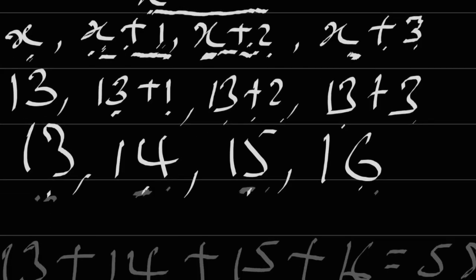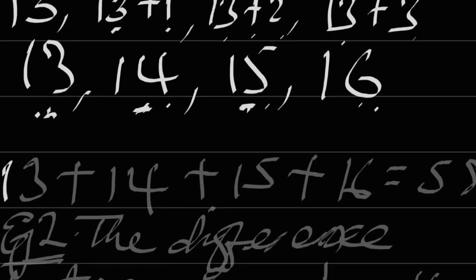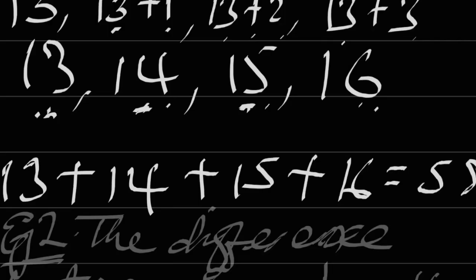Yes, because the gap between them is the same. 13, 14, 15, and 16. And if you add them, will they give you 58? They will give you 58. That is, if you want to test your answer to know if it is correct, add all these numbers, you have your 58. And that's our answer.